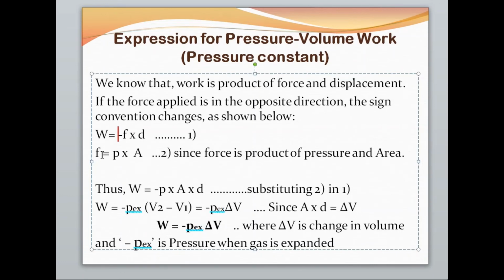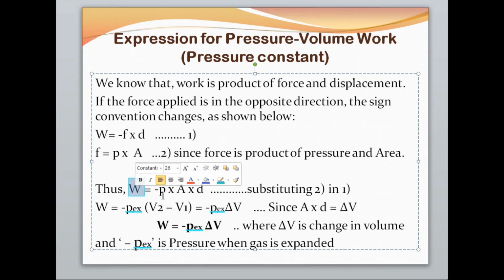Now, what do I know about force? Force is the product of pressure and area. That's the definition of force. It's nothing but the pressure multiplied by the area. If I substitute this value in this equation, W becomes minus P into A into D.